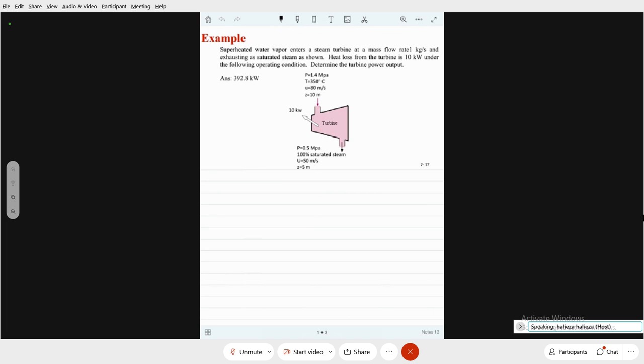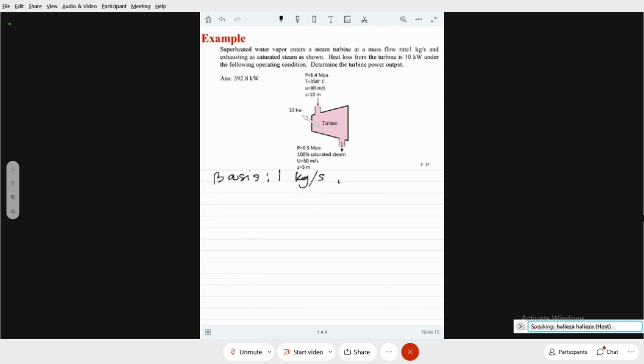Okay, for the equation you need to write the basis first. What is the basis, guys? 1 kilogram per second of inlet steam, or feed.